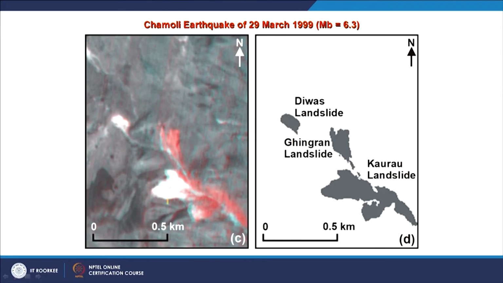White colors again depict that landslides were already existing, no change in terms of reflection, whereas red colors show the changes, where a new surface has been exposed, meaning vegetation has disappeared, and that can happen due to fresh landslides, and that has happened because of that 29th March earthquake. Again, you can mask everything and bring out only the landslide affected region. You can do the measurements and other things very easily.